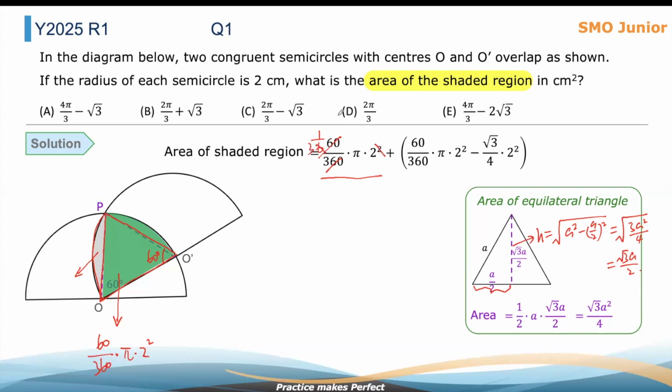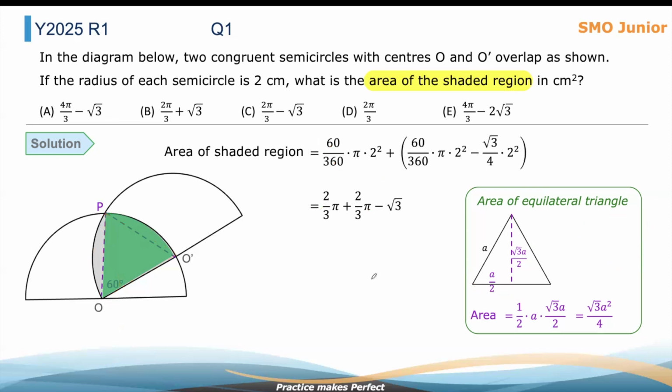So this equals 2 over 3 pi. This is also 2 over 3 pi. This equals square root 3. So the answer is 4 pi over 3 minus square root 3. Answer is A.